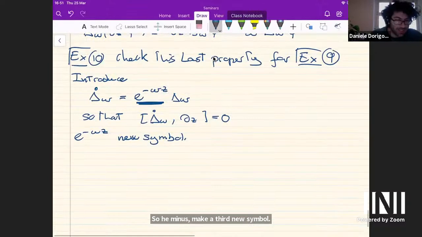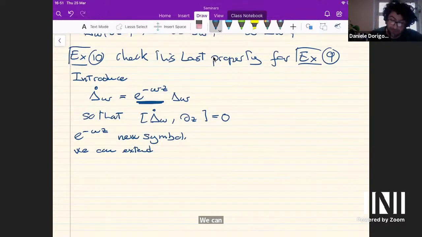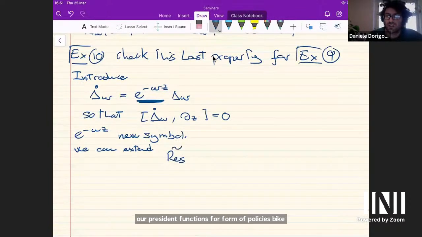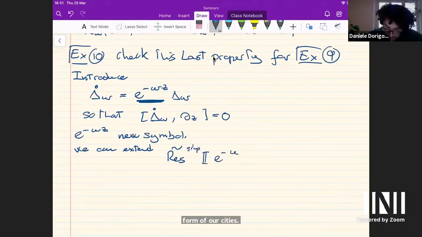So we can extend our resurgent functions of formal power series by considering these resurgent functions as asymptotic formal power series, but graded with these exponential suppressions.